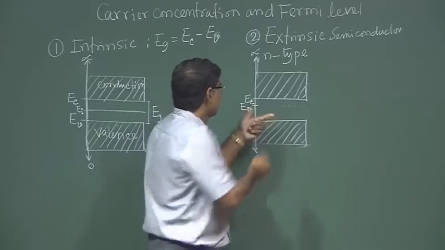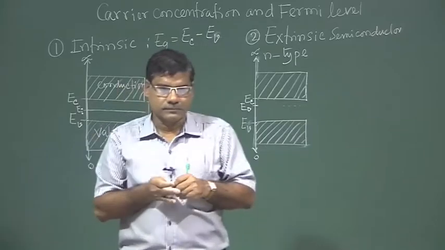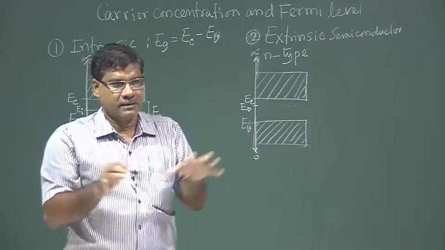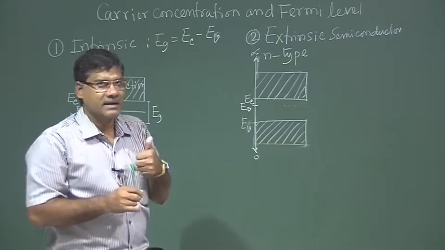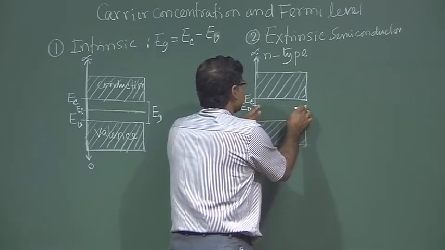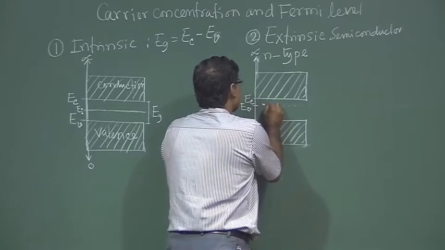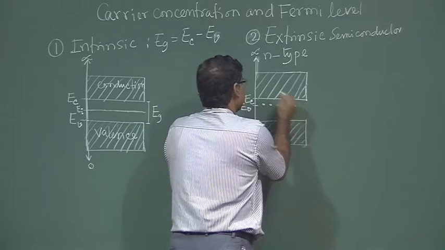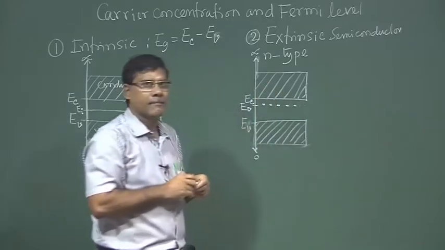Now, this donor atom has 5 electrons. 4 have formed bonds with the 4 silicon, and 1 extra is there. So, this 1 extra electron is in this level. This electron from the donor atom can go to the conduction band, okay.